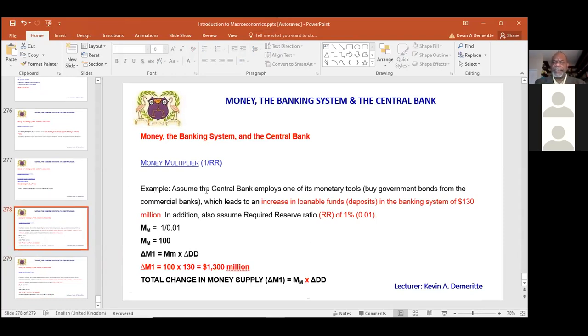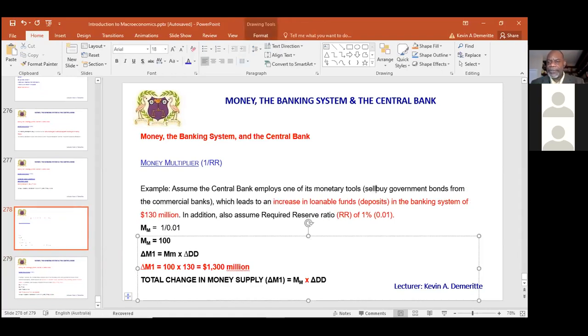All right. Let's say the central bank employs one of its monetary tools. In this case, it sells government bonds to the commercial banks.